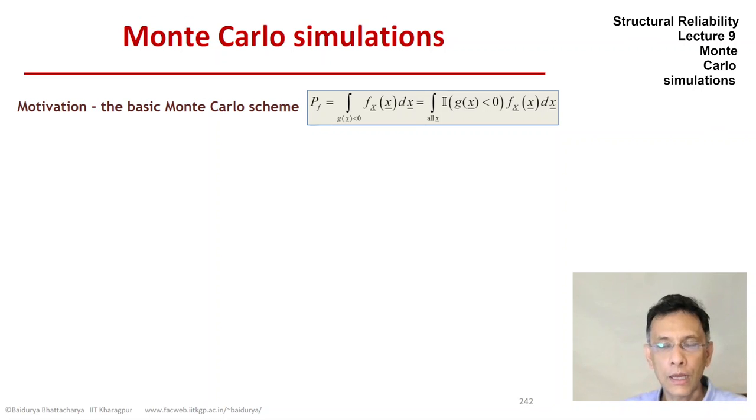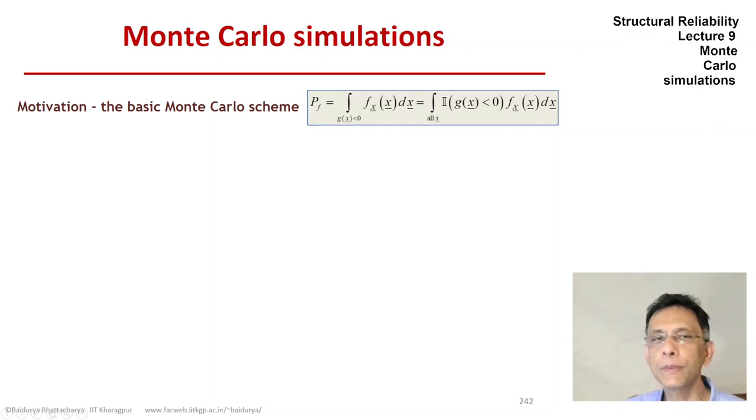The last part of that equation on the right is using the indicator function. So now we integrate over the entire region, but only those points that are in the failure region defined by g less than 0 are counted. The indicator function is 1 when the argument is true and 0 otherwise.